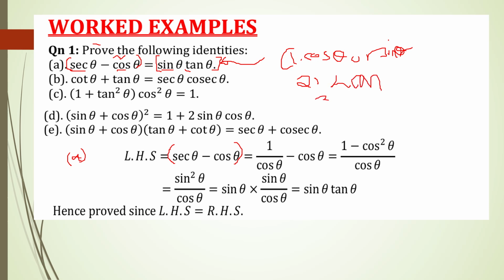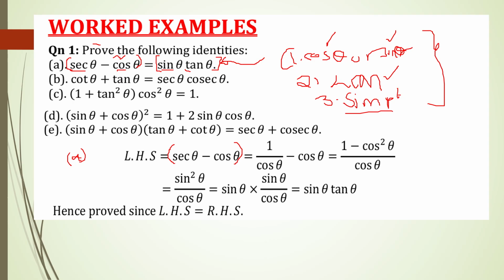And after that, the next thing is to simplify until you reach your proof. So all the proofs are going to follow the same procedure. 1, make sure that you convert each and everything in terms of cos theta or sine theta. 2, if you're having a fraction, you find the LCM as the next thing. And thirdly, we simplify until we reach the required proof in the question.